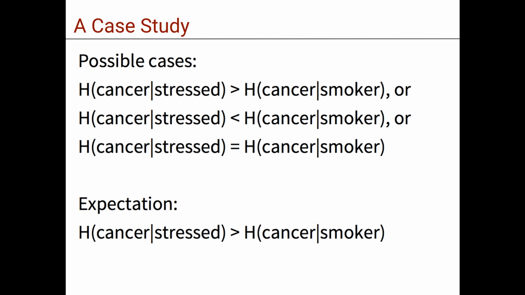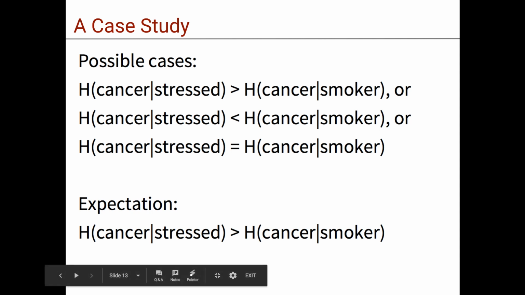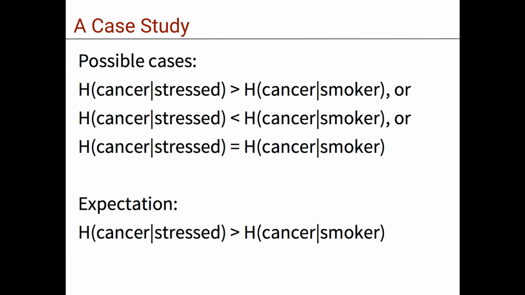But we may know that the uncertainty or the degree of surprise of having cancer being a smoker is much less than the surprise of uncertainty of having cancer after being stressed, which means that it is more likely to develop cancer by virtue of being a smoker than by being stressed. We know, however, that stressed people and smokers are not disjoint sets of people, because many stressed people decide to smoke.